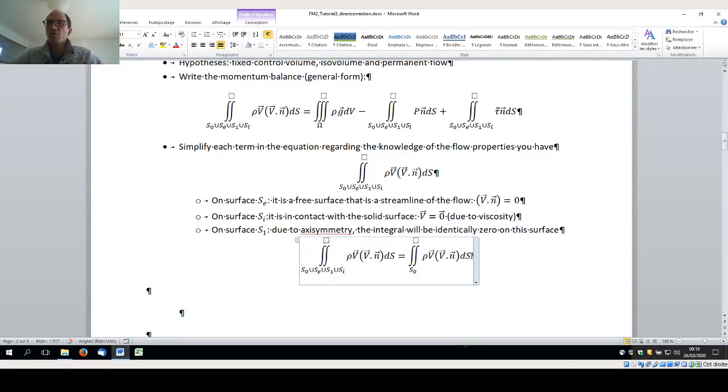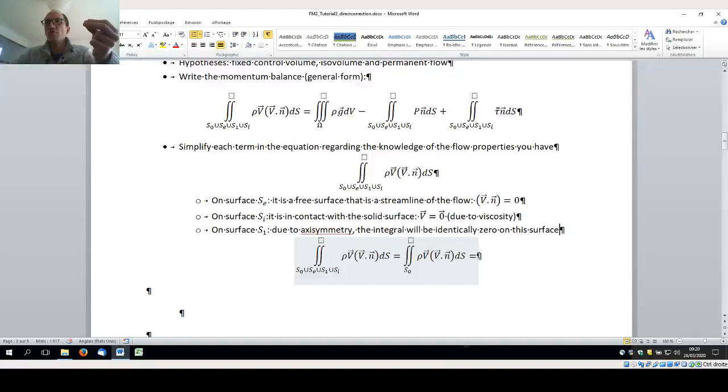And what we have seen in the lecture is that for the terms on inlet and outlet surfaces, since it's an isovolume flow, we want to express the momentum flux through the inlet and outlet surfaces using the mean velocity of the flow. This is where the kinetic coefficient beta appears.